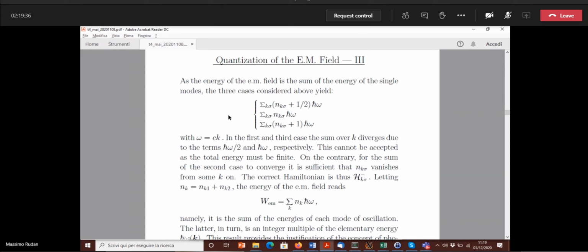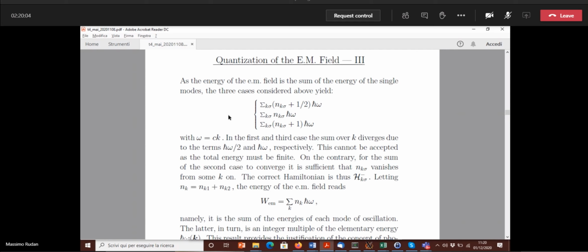So we eventually have solved the riddle of the 3 different Hamiltonians, okay? And we say that these numbers n must vanish for some k on, okay? So that the total energy is finite as should be, okay?